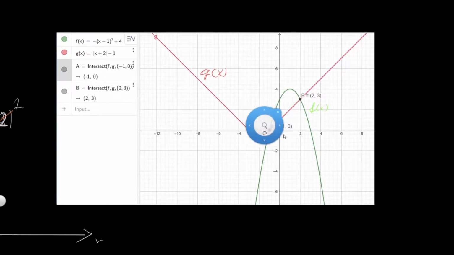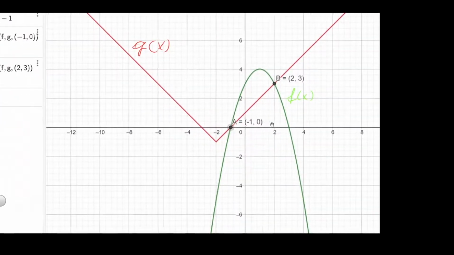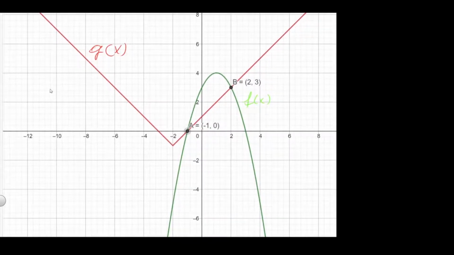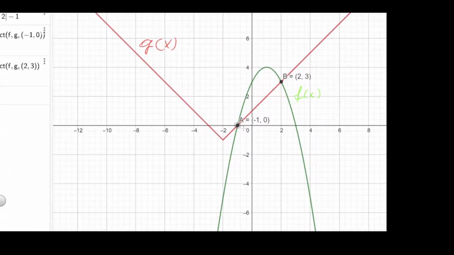So we can see clearly that the intersection, the points where they meet, is B and A. And as I have already mentioned, we need only the x values of these points. We always indicate coordinates in this order, x and then y, so the first value is what we need.